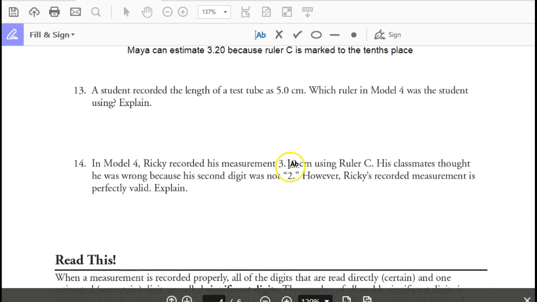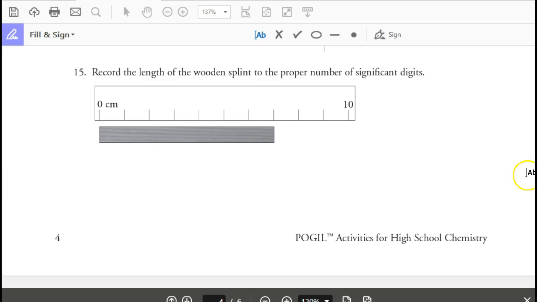So he estimated the 9, which is perfectly valid. He could have estimated 2.0 or 2.1, and it would have still been okay because it's very close to the second tick mark after the 3rd centimeter marking.